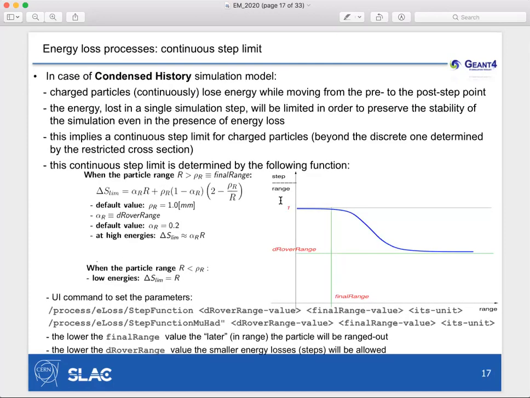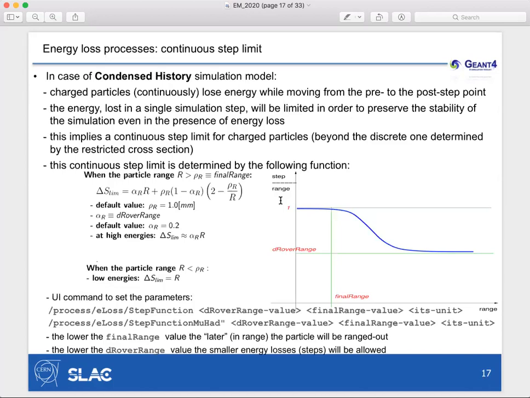What we need to make sure is that we stay within the limit of approximation, so that in one step the particle does not lose too much energy, because if there is a huge difference, then we are out of the approximation limit.